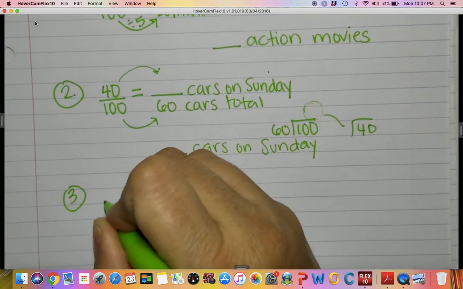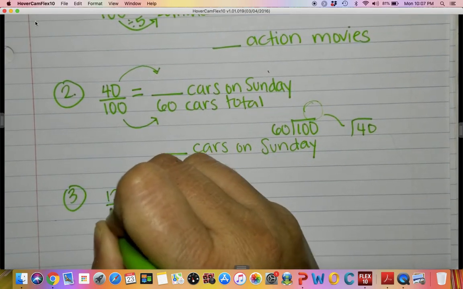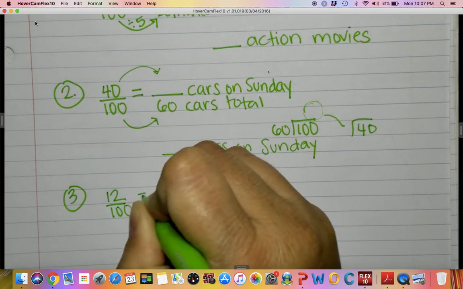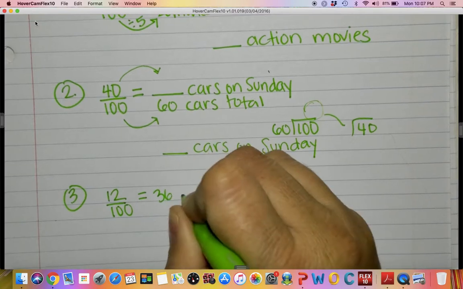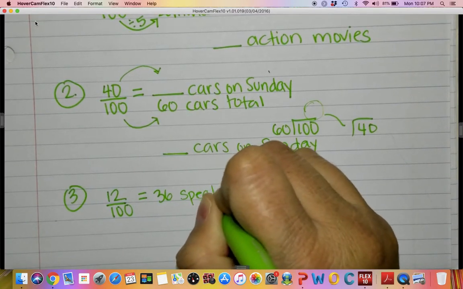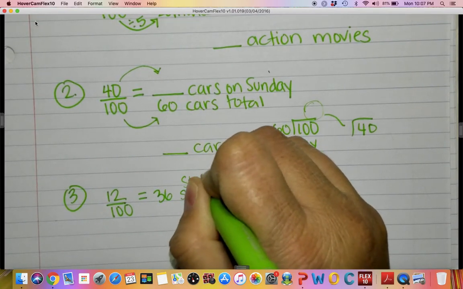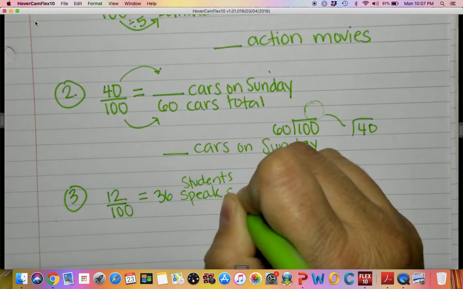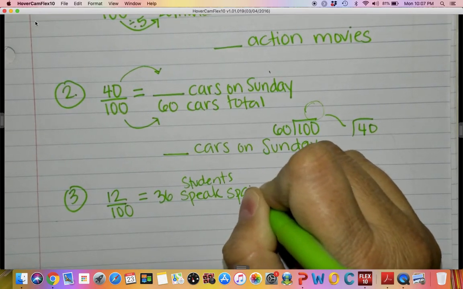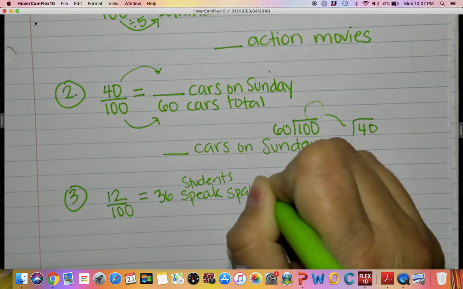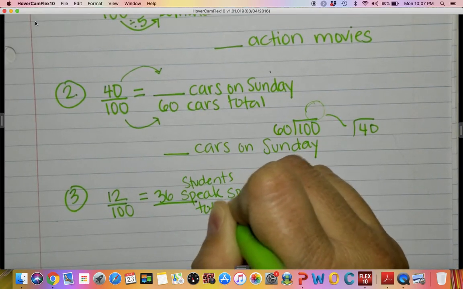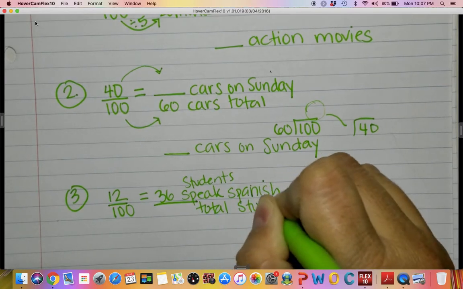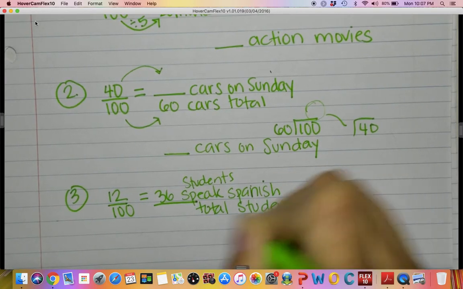So I'm going to start with our percent. 12 over 100 is 12%. They're telling us 36 students speak Spanish. How many were surveyed? So total students is our question.